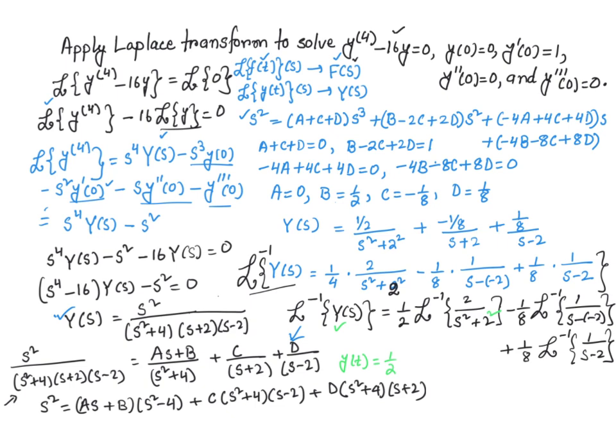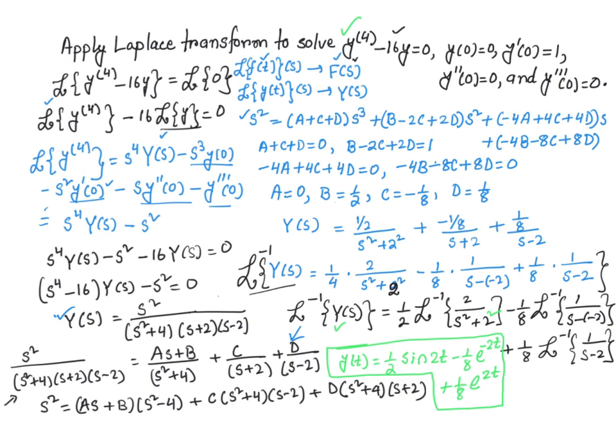The inverse transform of 2 over s squared plus 2 squared is sine of 2t, minus 1/8 times the inverse transform of 1 over s plus 2, which is e to the power negative 2t, then plus 1/8 times e to the power 2t. So finally, this is going to be your solution to this differential equation.